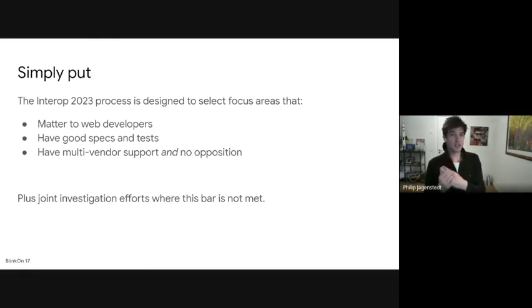They need to have good tests and good specs, and we need to have consensus for these among browser vendors, which means that there are multiple parties supporting doing this, and that there's no opposition to it. This is a pretty high bar to meet. When we can't meet that bar, there's also a place for something we called investigation efforts that we did this year, and we'll probably do some next year as well.